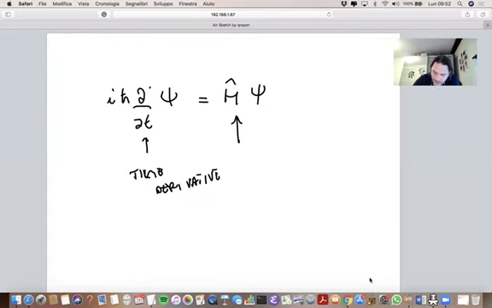So there's a connection between energy and time derivative. If I act with the time derivative on my function psi of x and t, all I do is pull out the energy of that quantum particle. That's what this equation is telling me.